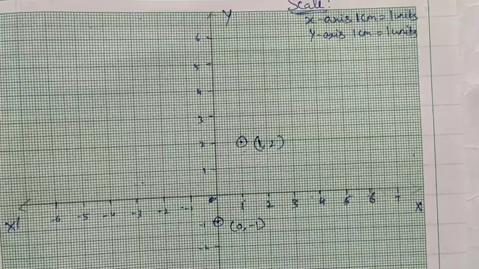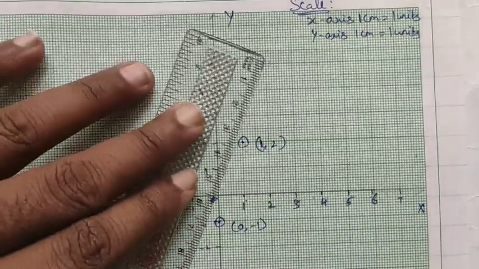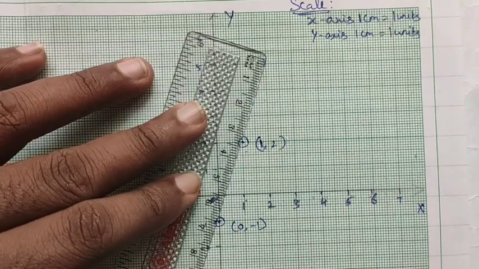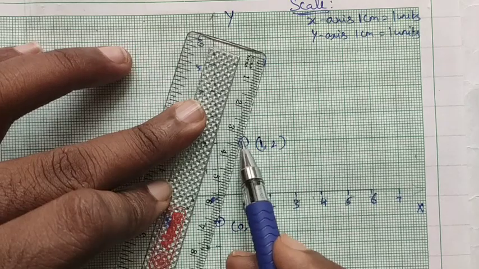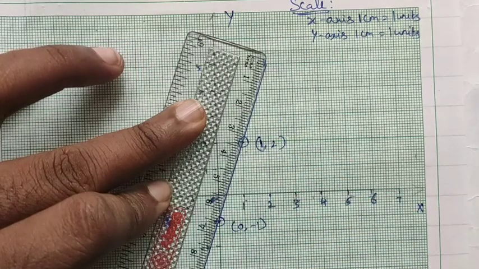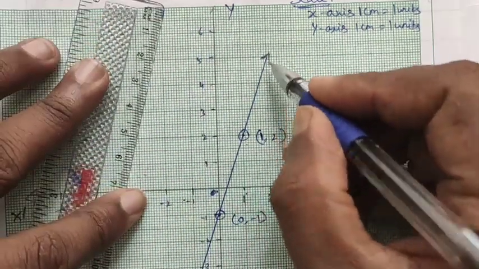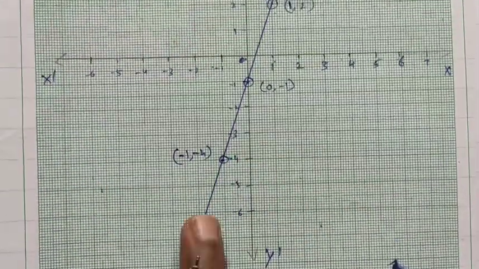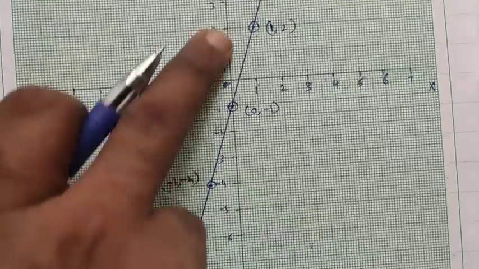Now we have to draw a straight line. I already told you the given linear equation is represented as a line only. So this straight line can be extended up to whichever level we need, right? These 3 points are intersected by the straight line.